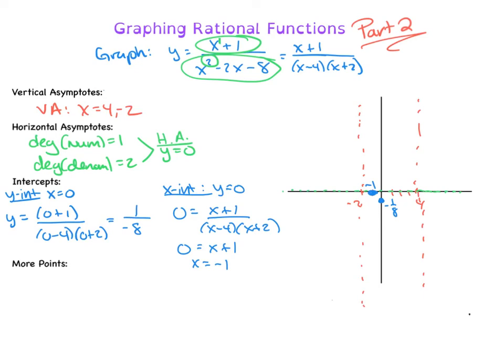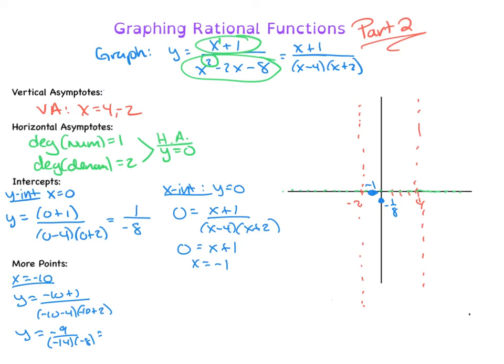Okay, great. So let's find a couple more points. First thing we want to find, starting on the far left, x equals negative 10. So that would be negative 10 plus 1 over (negative 10 minus 4)(negative 10 plus 2), negative 9 over negative 14 times negative 8.